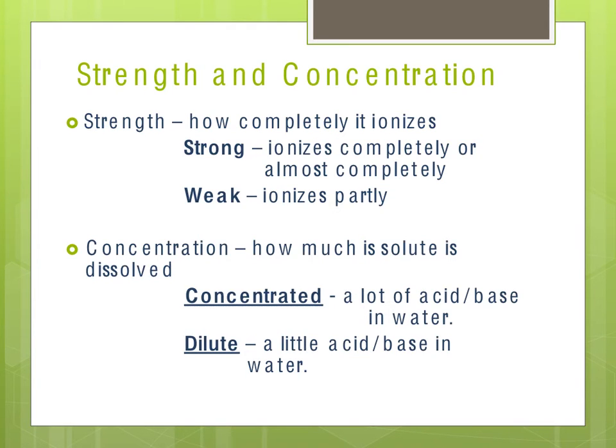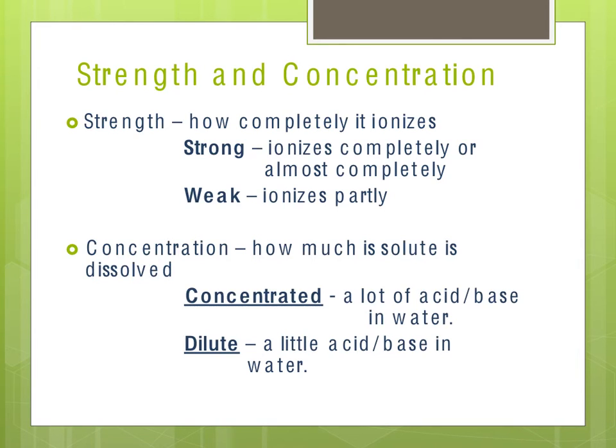You can have a concentrated weak acid, and you can have a diluted strong acid. It's all a matter of how much you have dissolved and whether or not it completely ionizes or only partially ionizes. So try not to get confused with strength and concentration. Hydrogen chloride or hydrochloric acid is a strong acid. Even if it is very diluted, it's still considered a strong acid.